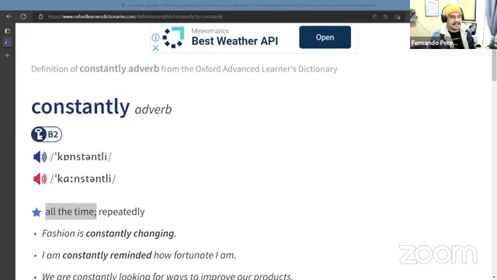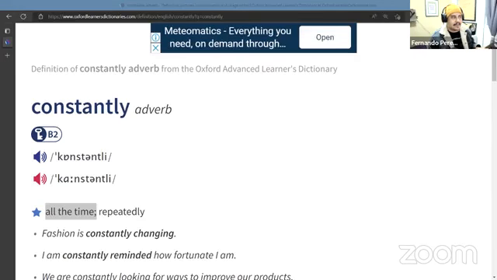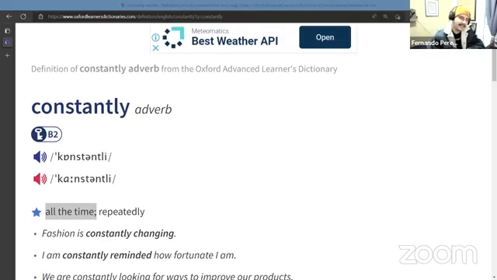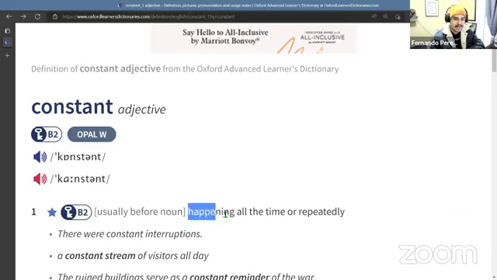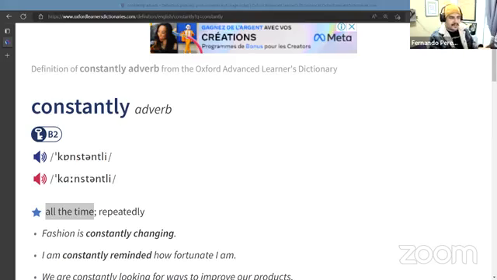It's very interesting how the word happening disappeared in this case, because now we are not talking about the description of an action. We are describing the way something happened. These small details are very important to notice. Constant has the word happening, and constantly no. Do you understand what I'm saying?